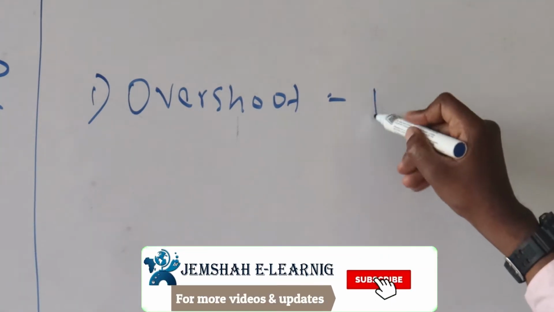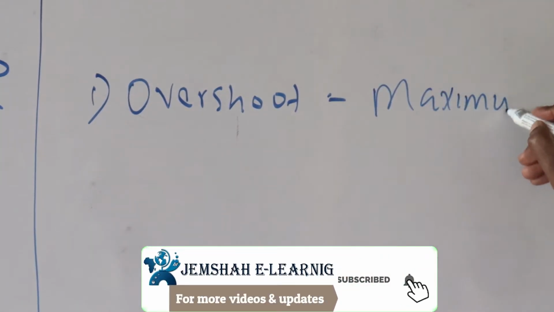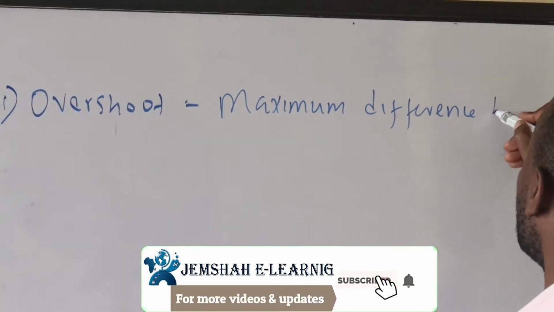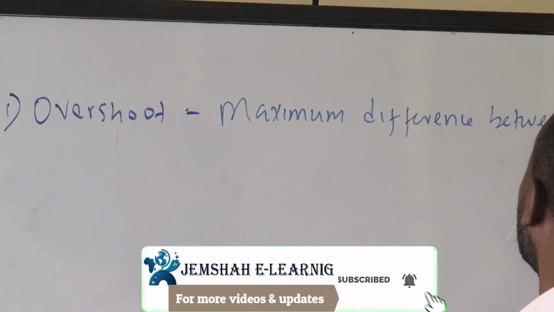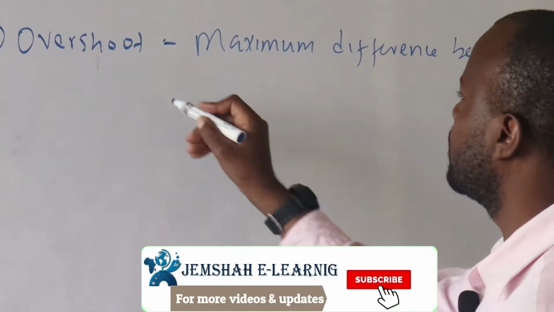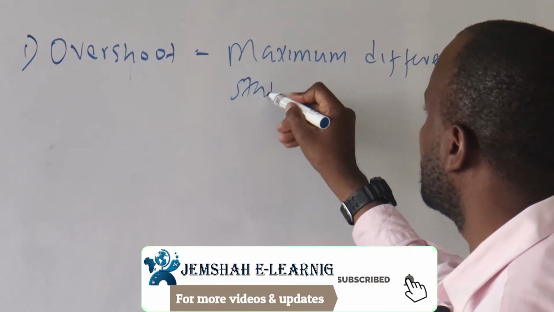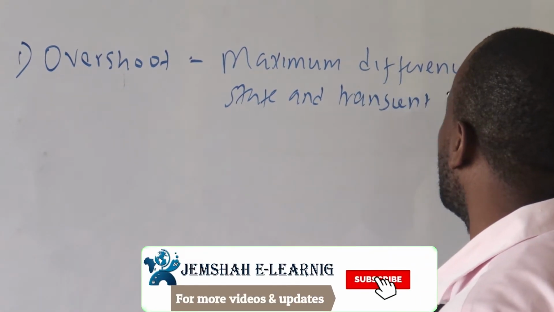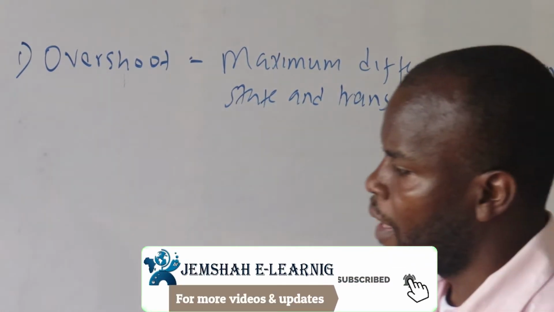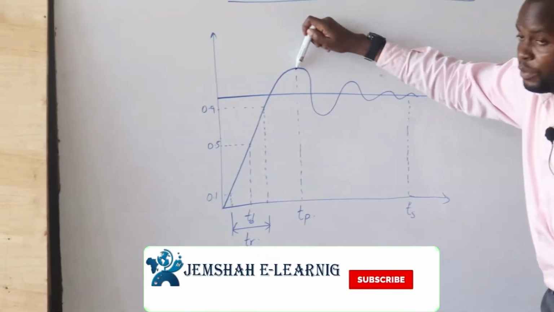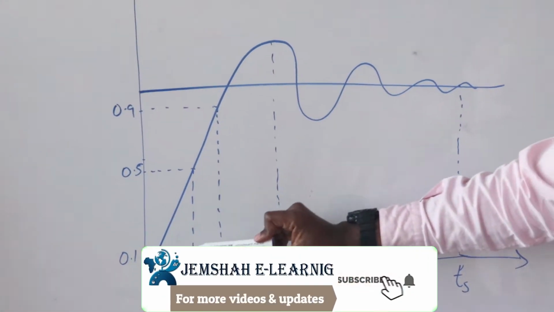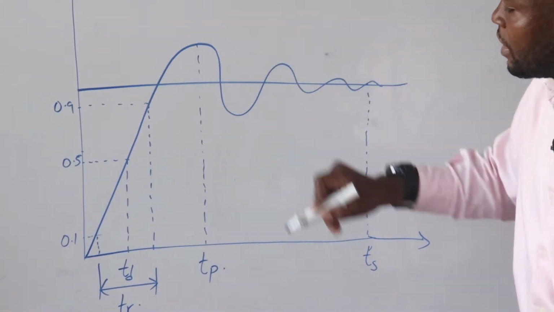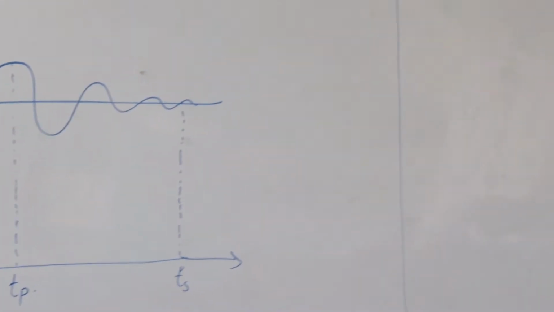So we are simply saying that it is the maximum difference between steady state and transient response. We usually refer to it as the first overshoot. That first overshoot should actually be the highest, and that is what we refer to as the overshoot.